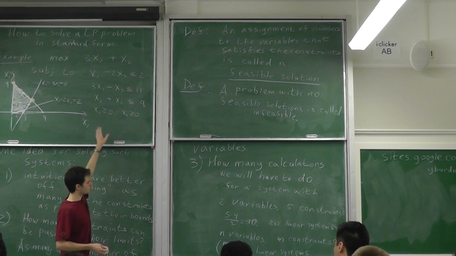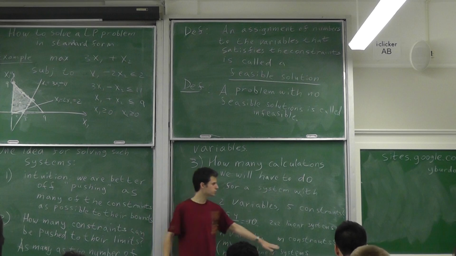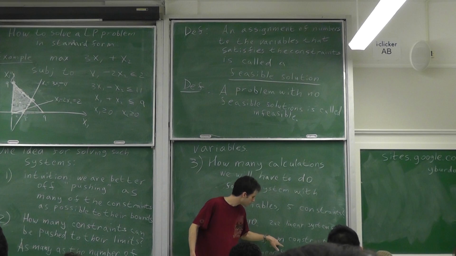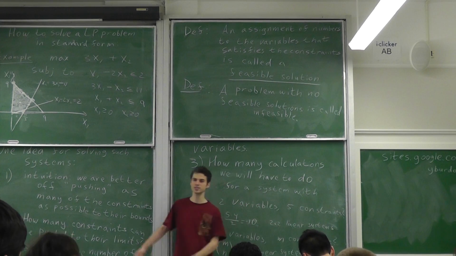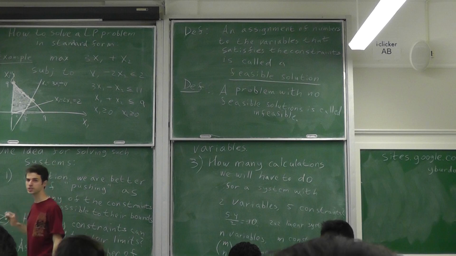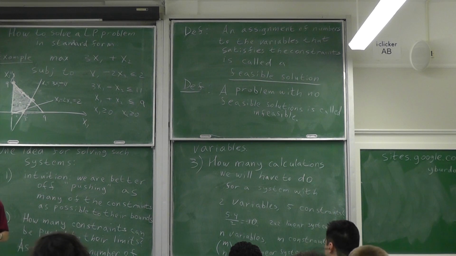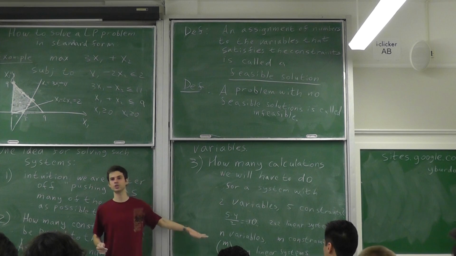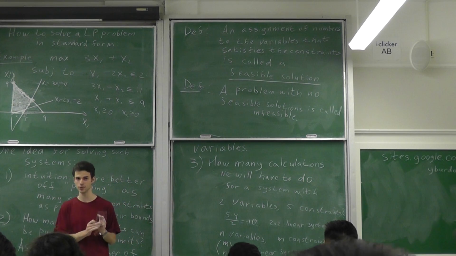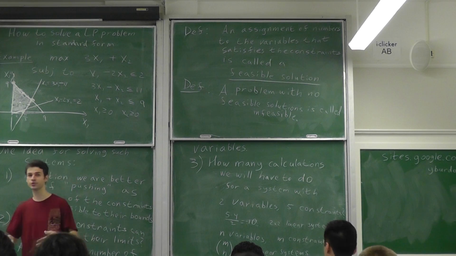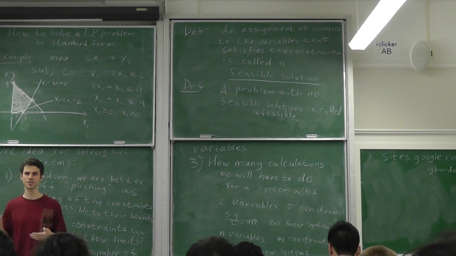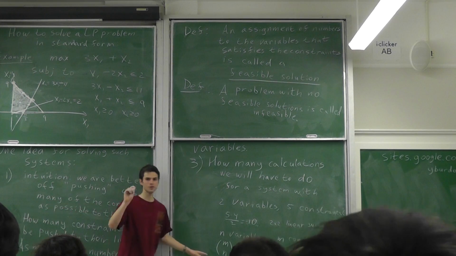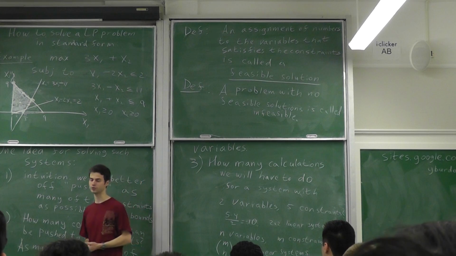Once you decide that you have n variables, choose all possible systems of n constraints out of these m constraints, replace the inequalities by equalities, solve the system, and make a table with that many entries. For each one of those, check whether the solution is feasible, which means n of the constraints are satisfied by equality signs. What happens to the other ones? Are they satisfied? Out of those, we'll find the largest value of the objective function.